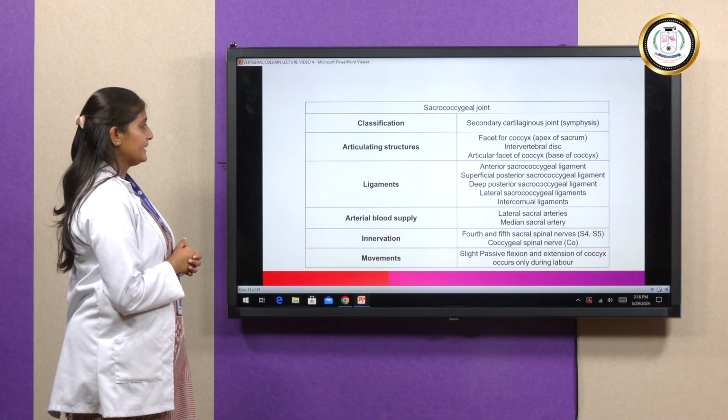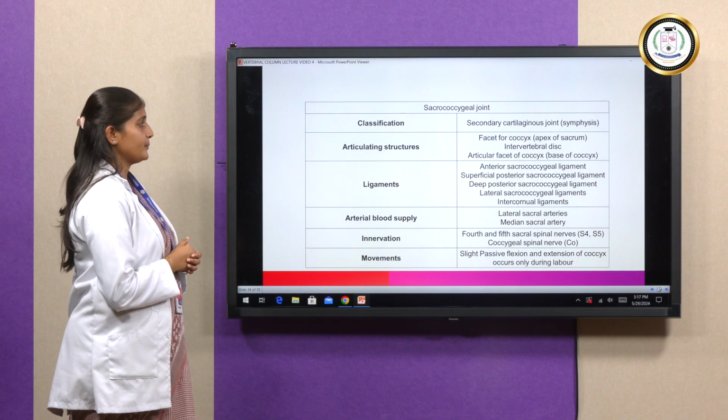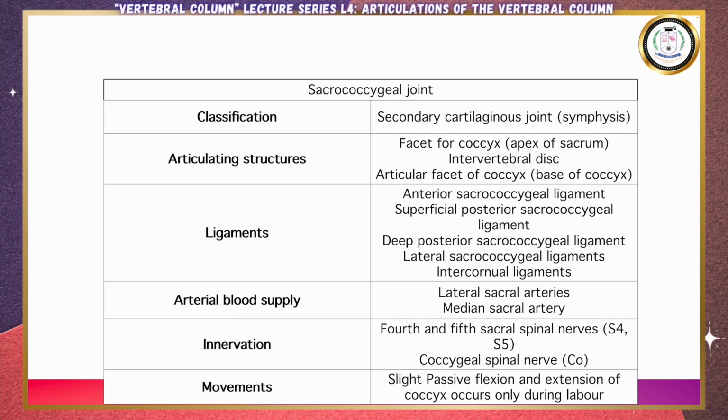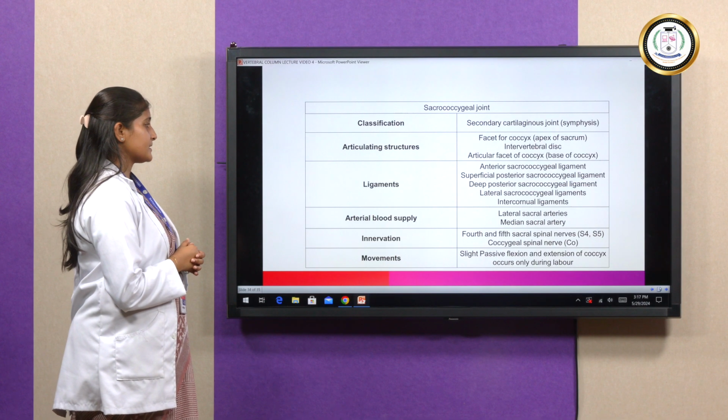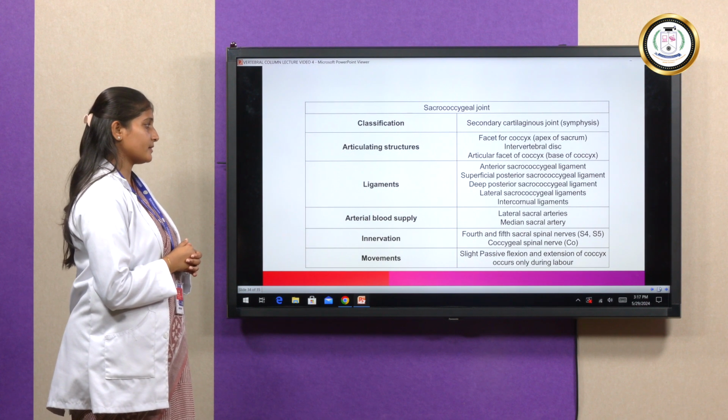Then we have the ligaments: anterior sacrococcygeal ligament, superior posterior coccygeal ligament, deep posterior sacrococcygeal ligament, lateral sacrococcygeal ligament and intercornual ligaments. We receive the blood supply through the lateral sacral arteries and medial sacral artery.